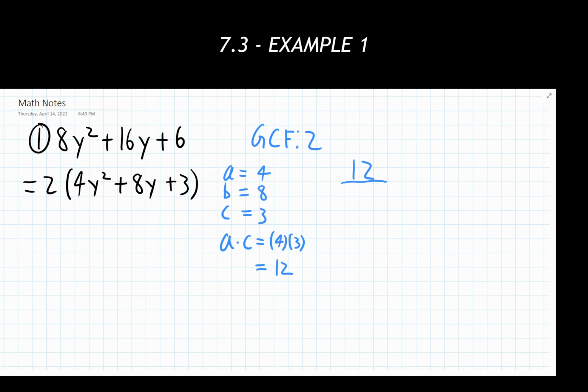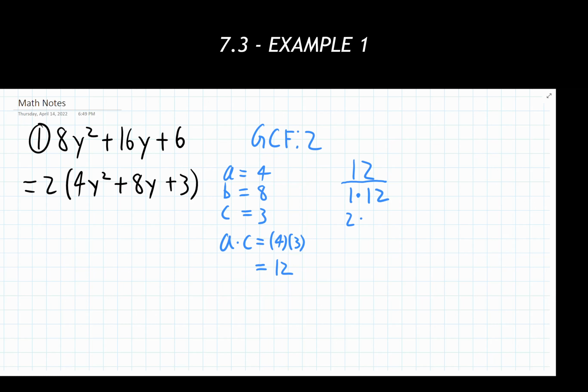So I'm going to start with listing 1 times 12. If you're going to use this method, I always recommend starting off with 1 times the number. You can always use it, and actually it shows up a fairly common amount of the time that first pair of numbers are ones that we're going to be using. So we start with 1 times 12. Our next number, well, does 2 go into 12?